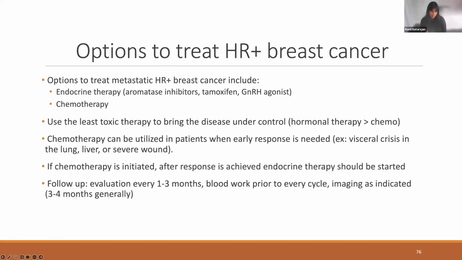And like I said, generally we see the patient every 1 to 3 months. Well, generally, depending on the context, it's going to be 1 to 3 months. Get blood work before every cycle, and imaging and clinical exam as indicated every 3 or 4 months.